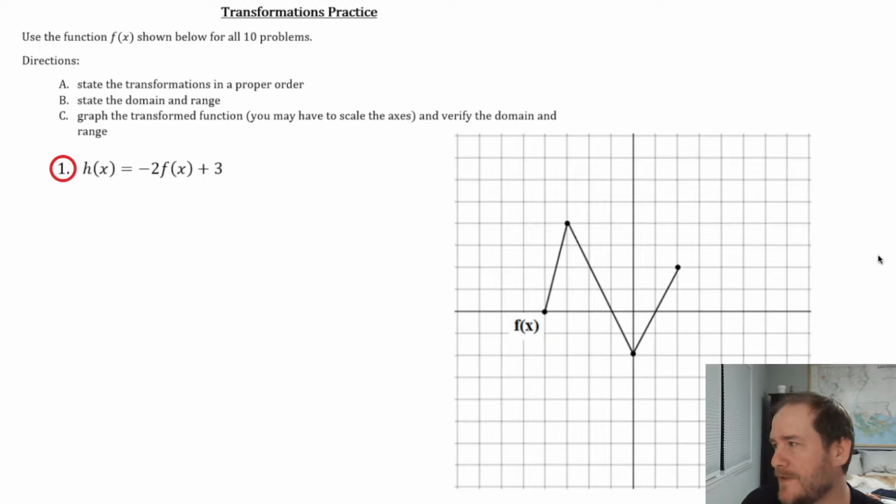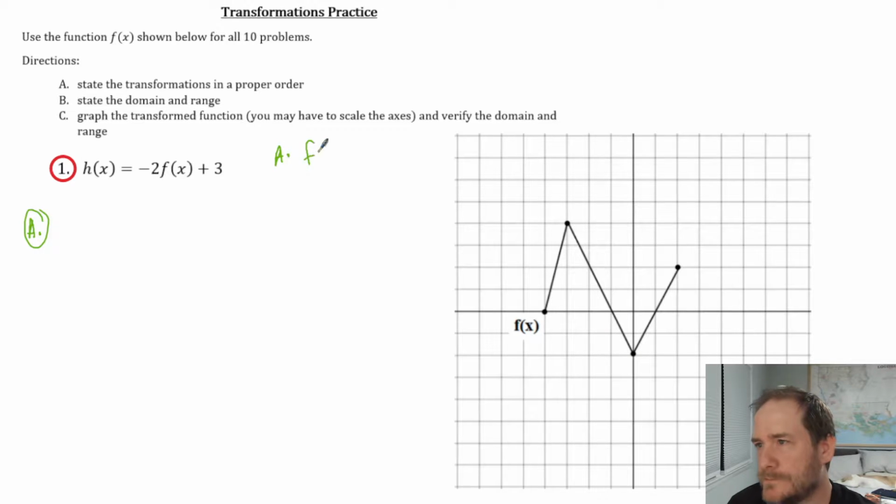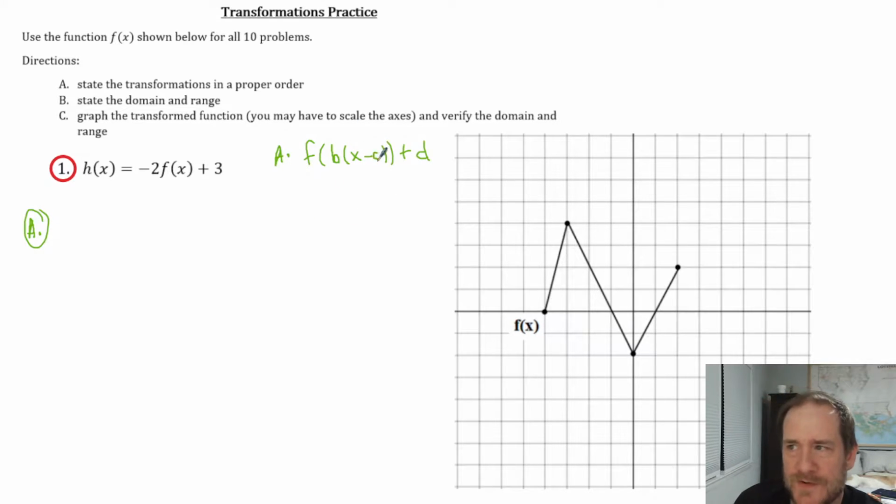So for stating the transformations in a proper order, we said that it's true 100% of the time that if you just went A, B, C, D in that order, you would be fine. But that's not my preference, so I'm not going to do it. I like to work from the inside out, but there is that rule that says you have to translate last.